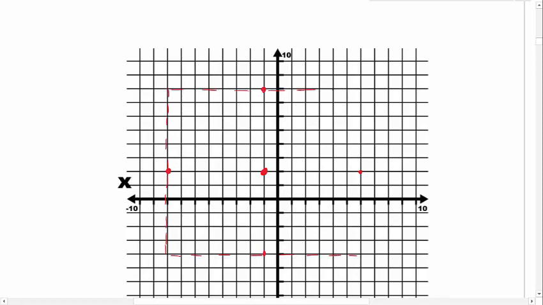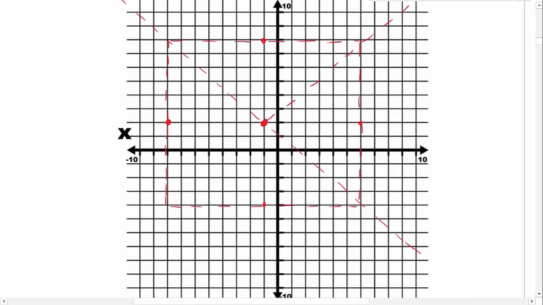And now we will draw in our asymptotes by extending the diagonals of this rectangle. Now we're ready to draw in our hyperbola. Our hyperbola, because y was first, opens up and down.